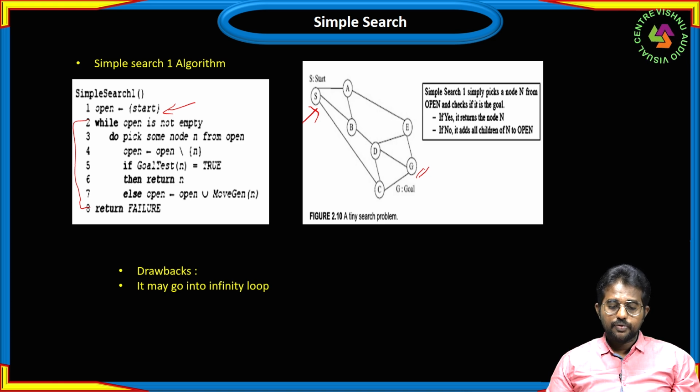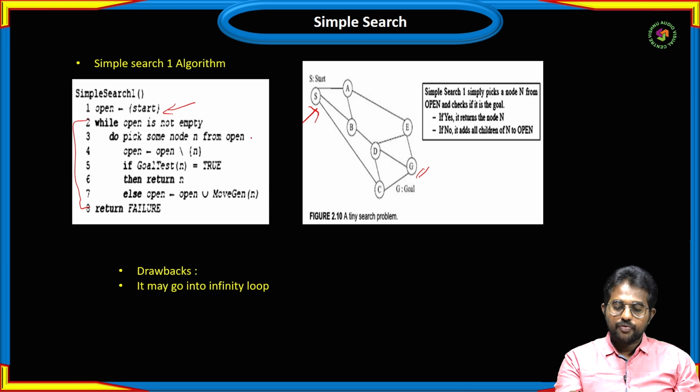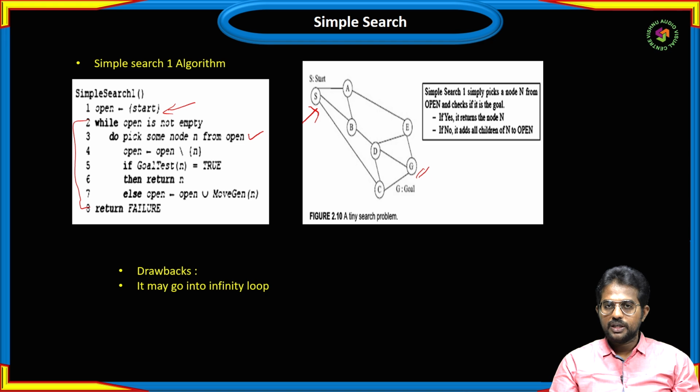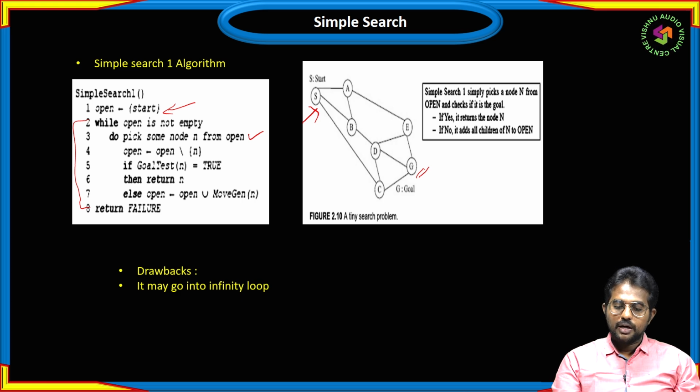Looking at this algorithm, the first step is the initialization, and next the while loop executes until open is empty. Then we pick an element from the open, which can be random. We randomly pick a node n from the open and delete it from open, so that we have processed it.